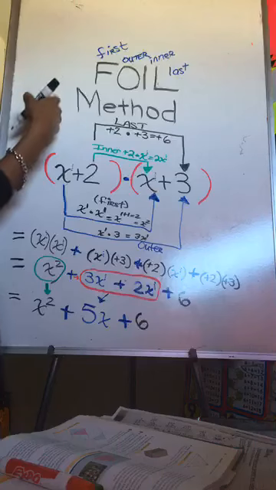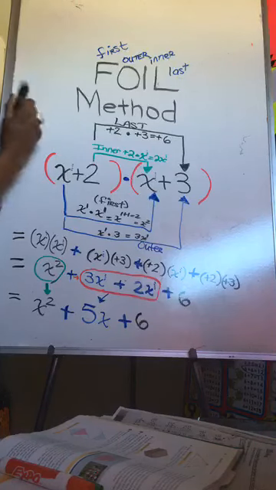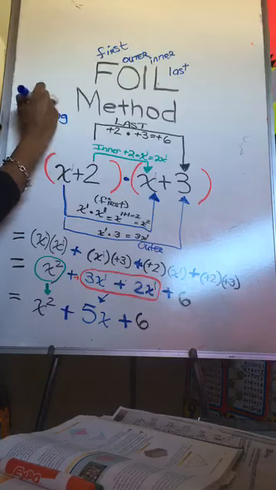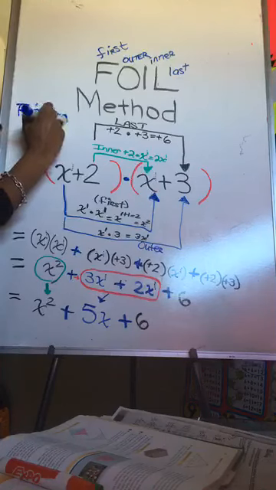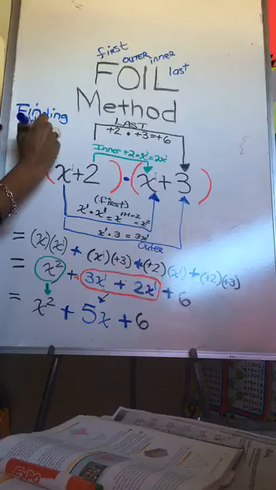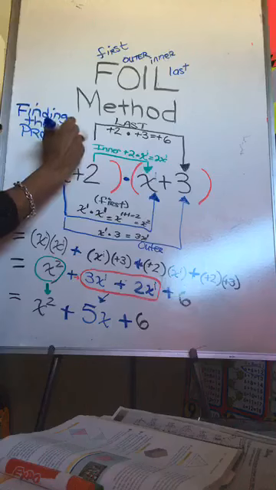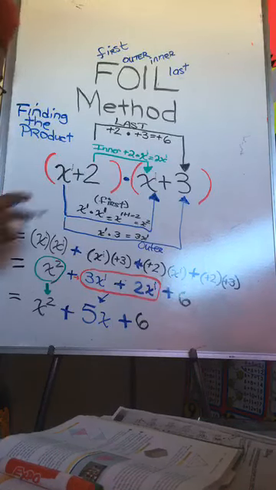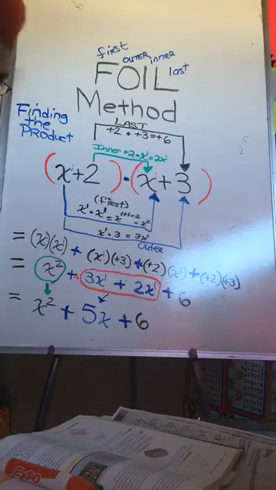were able to use the FOIL method, and this is called finding the product. Product is your result after you multiply two factors or two expressions or two terms. So product is your result, okay?